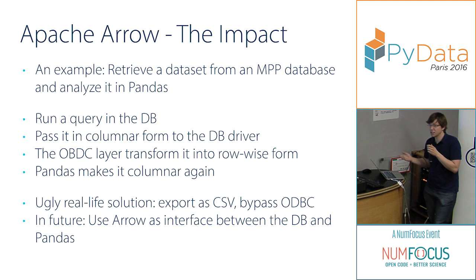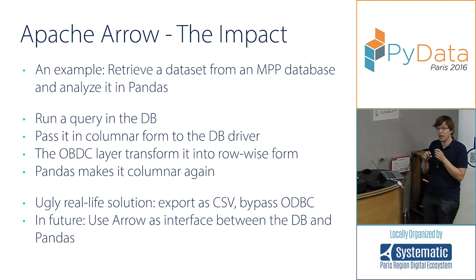And because we want it in pandas, we transform the row-wise data again back to pandas. And like you see here, you have multiple copies of the data. You change the format of the data, which is kind of CPU expensive, and also gives you a lot of cache misses, which makes it really, really slow.